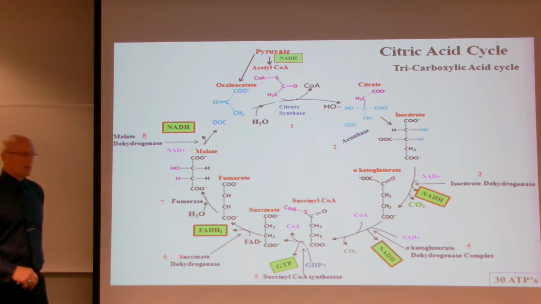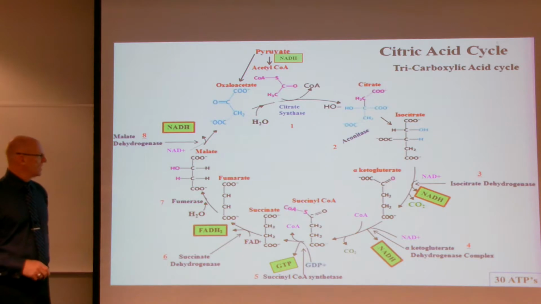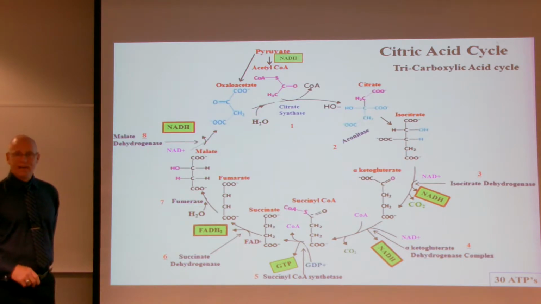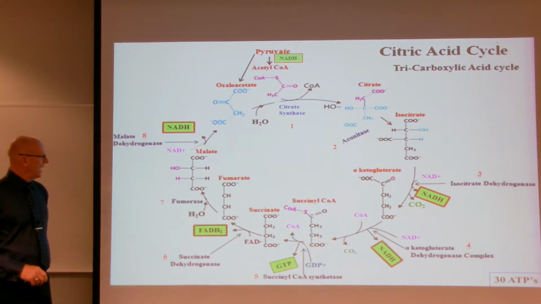Now the sixth step, succinate dehydrogenase, is another oxidation process where we will oxidize succinate to fumarate, and flavin adenine dinucleotide will do the oxidizing of that as it is reduced to FADH2. And there we still have a 4-carbon molecule, fumarate.